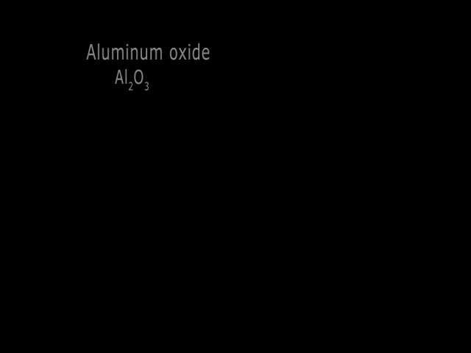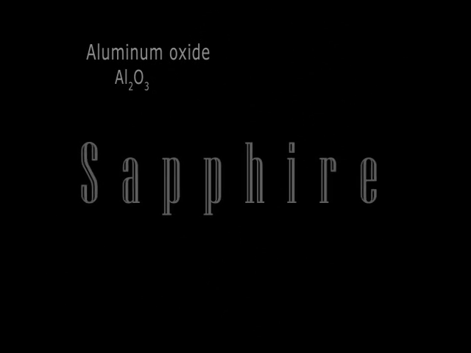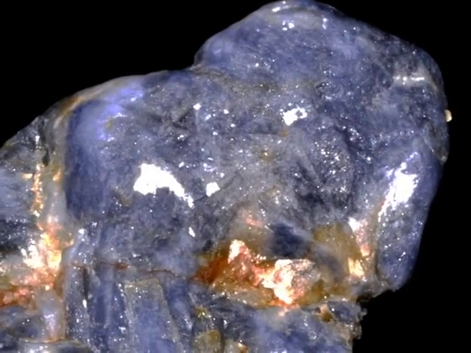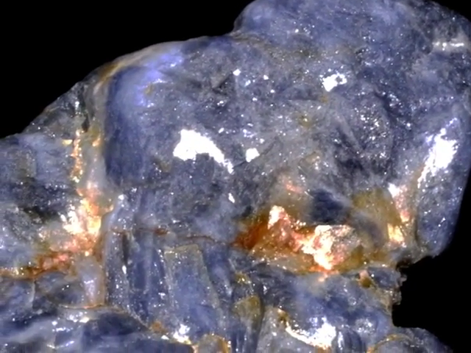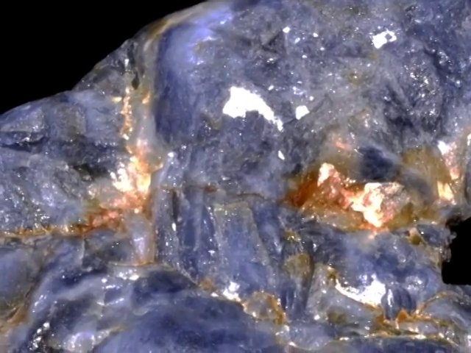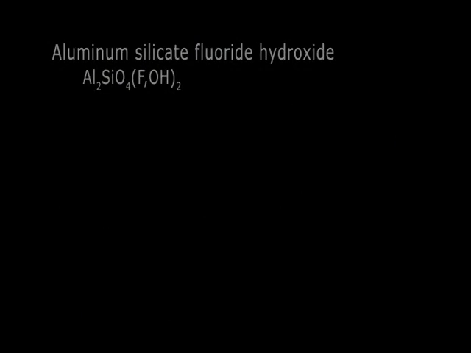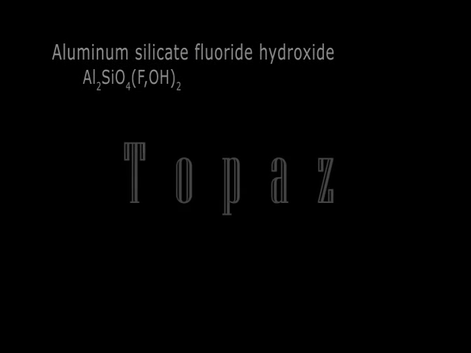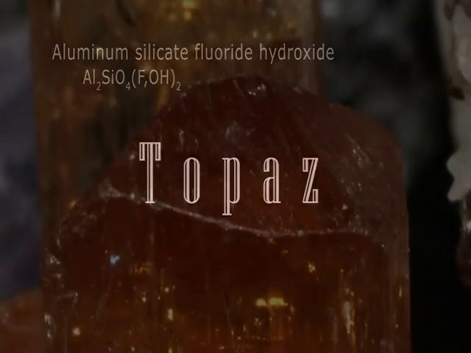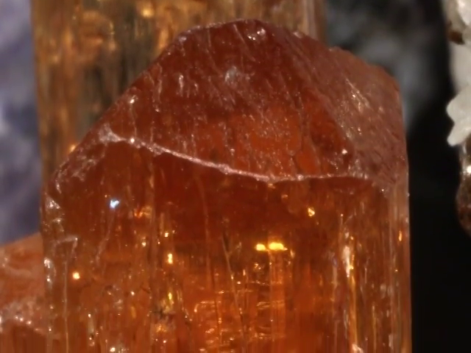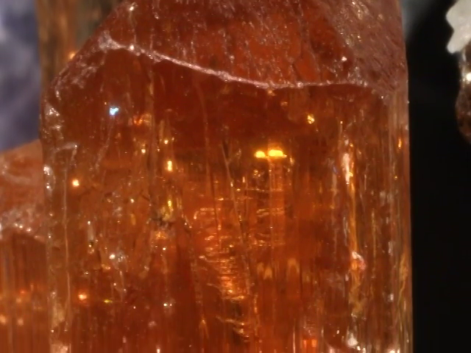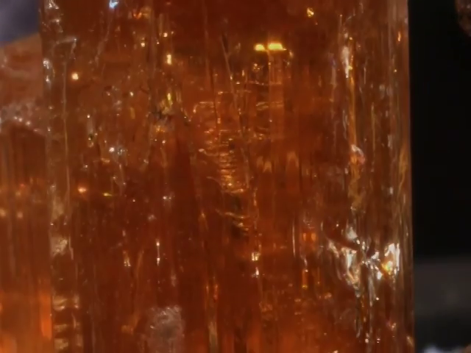Aluminum oxide, in a color other than red, becomes sapphire. Aluminum silicate fluoride hydroxide, or topaz. Carbon crystal, the mineral known as diamond.